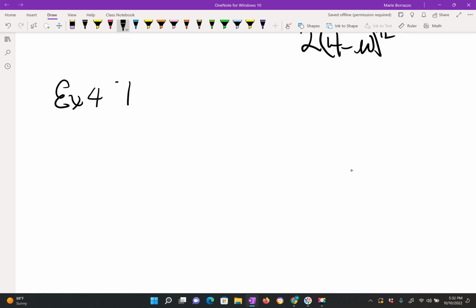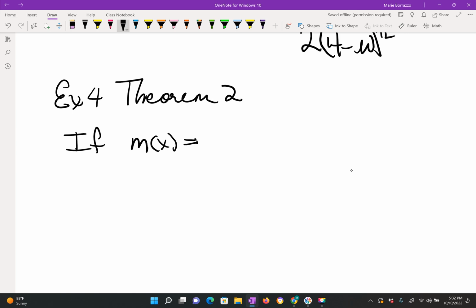Example 4 deals with the concept of theorem 2 of the chain rule, which basically states that if some function m of x is equal to e times I to the x. Once again, it looks like hieroglyphics until you make a connection. And you know that this is a composite function.